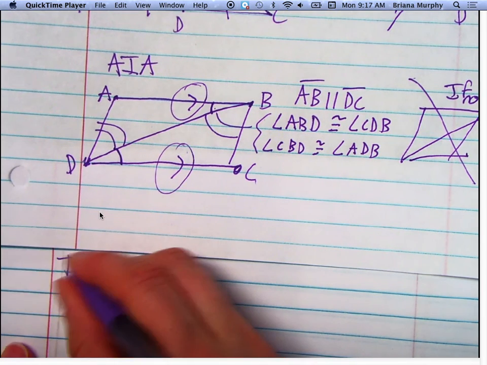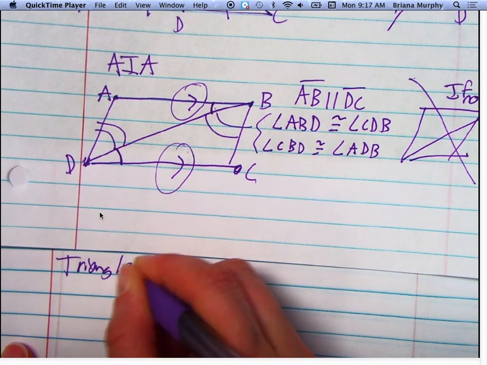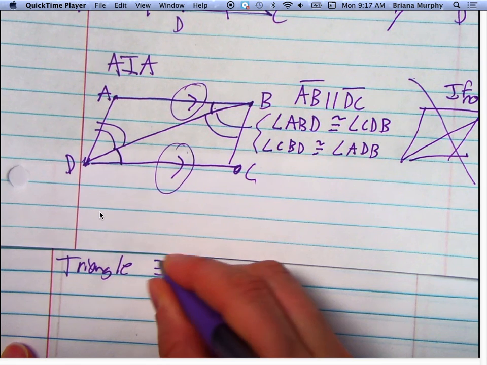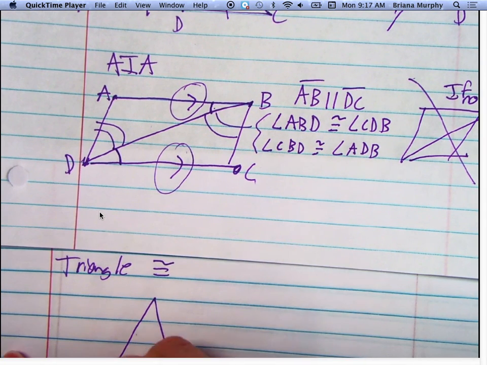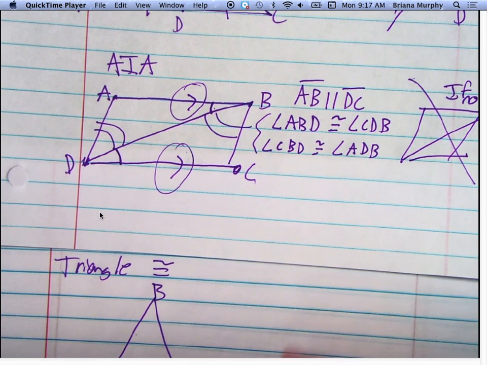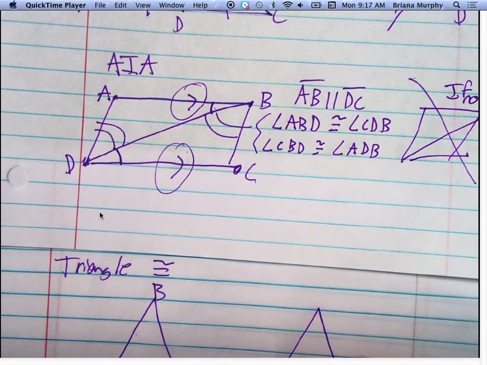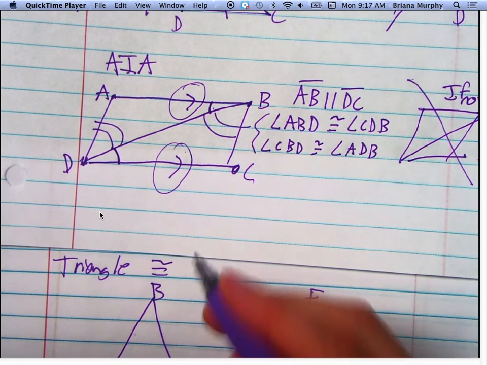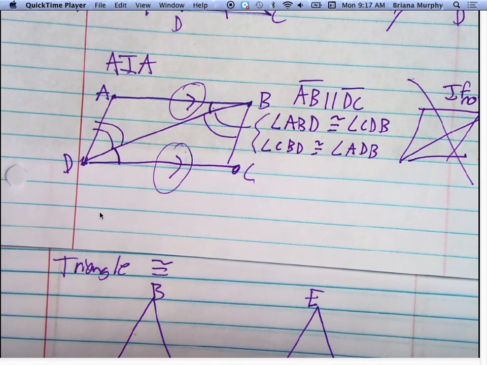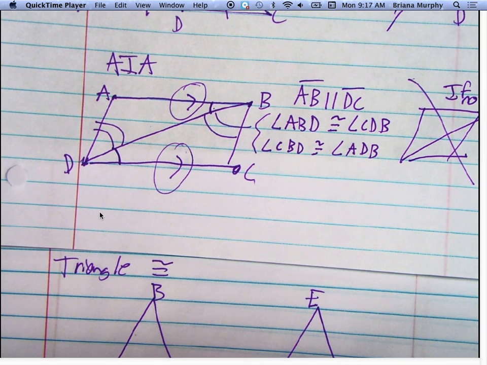So this is triangle congruency. We practiced this a little bit. I've got 2 triangles. I know they're congruent. So I have triangle ABC is congruent to triangle DEF.